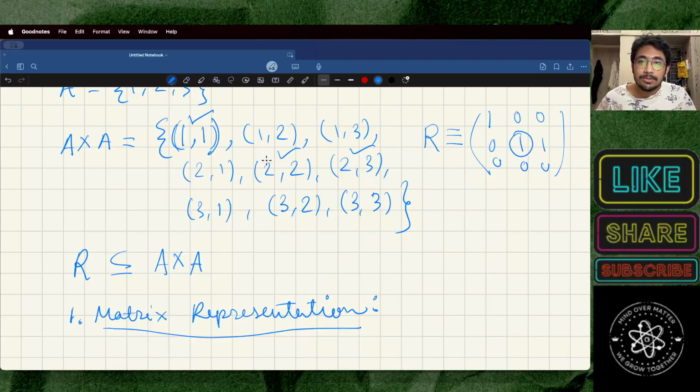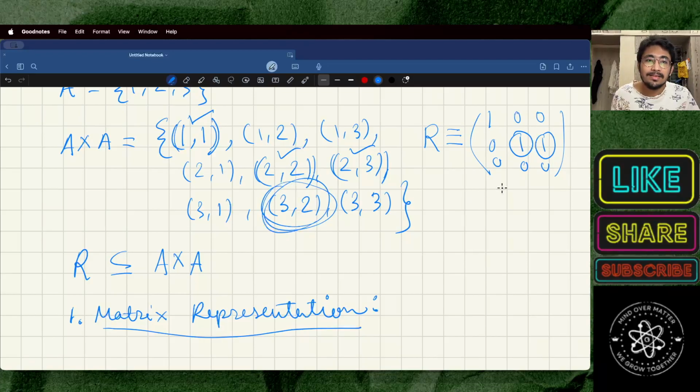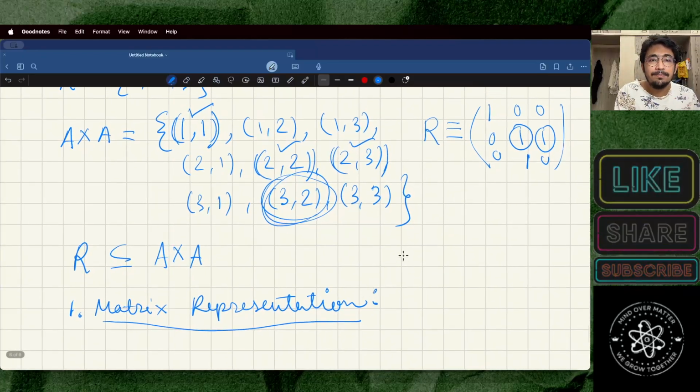This element means (2,2) is present. This element means that (2,3) is present, just like that. I think you have got it. And if another element is also present in the relation, then this will not be 0, this will be 1, just like that. And this is my matrix representation.